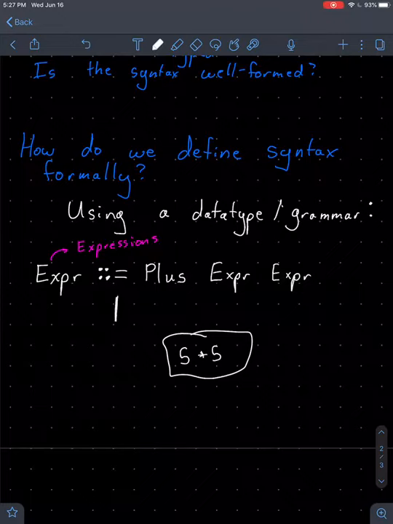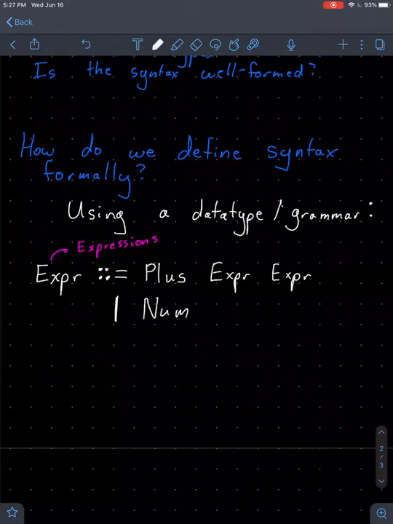So let's add a constructor for numbers. I'm going to call this num. I think that's a good name for it. What should num take as an argument? Just a natural number, right? It's just wrapping up natural numbers and putting them inside our language.